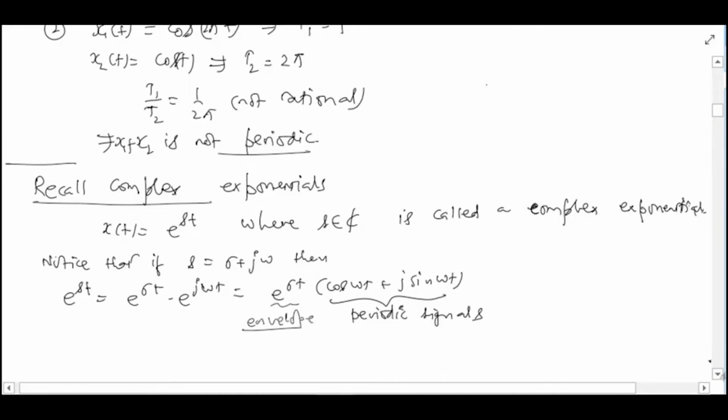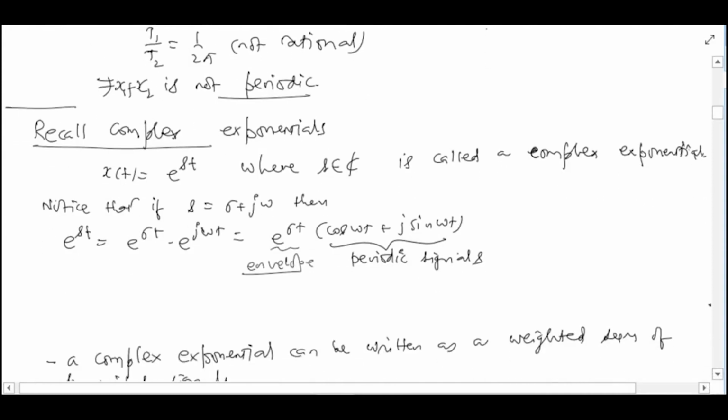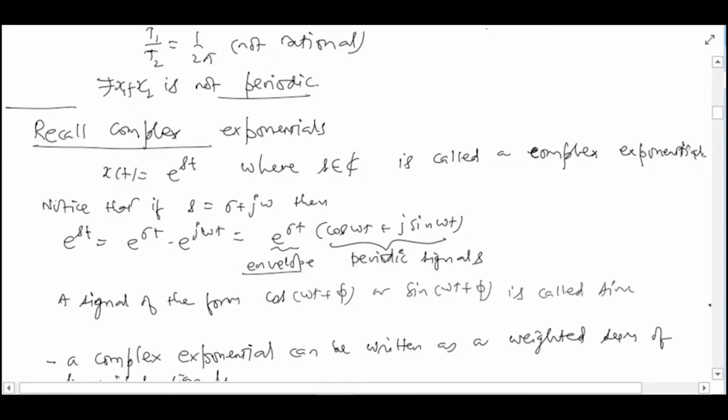Now this periodic signal is called a sinusoid. So formally, a signal of the form cos(ωt + φ), or say sin(ωt + φ), is called a sinusoidal signal.